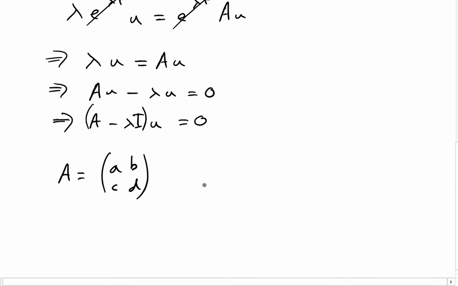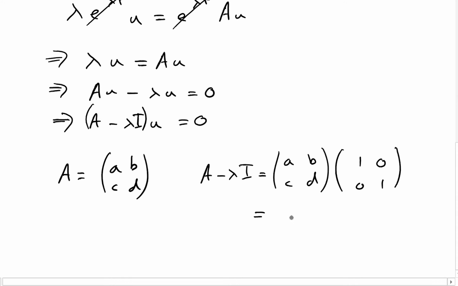And then if I do A minus lambda I of this, so I get A, B, C, D, multiplied by 1, 0, 0, 1, and that is times by lambda as well. So I can just change this to lambda here and here. I get A minus lambda. Sorry, that's not right. That should be a minus in there.